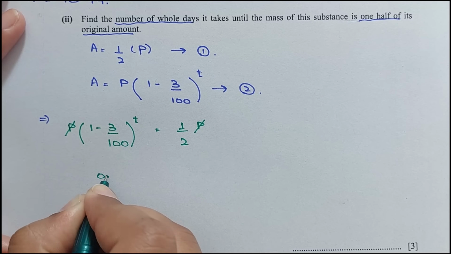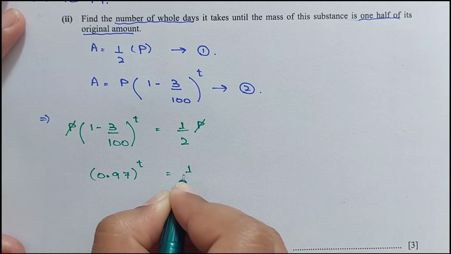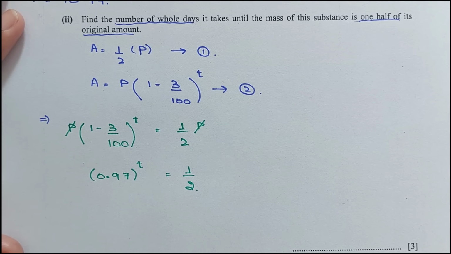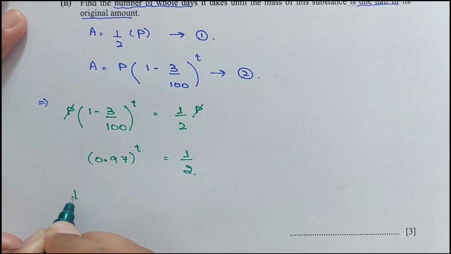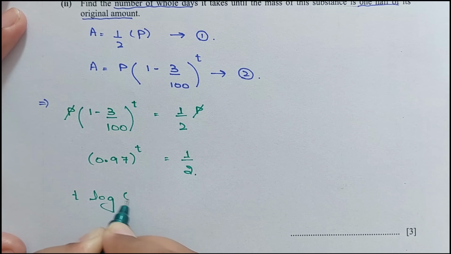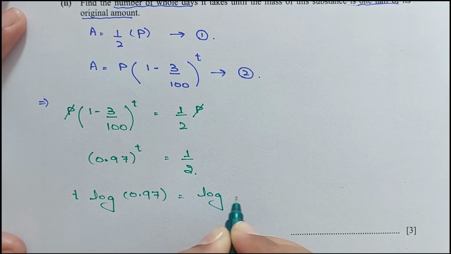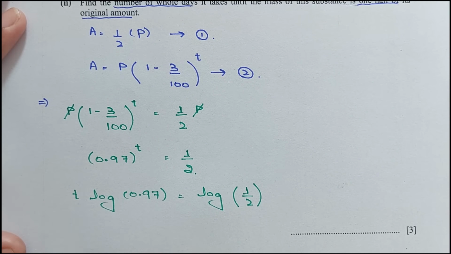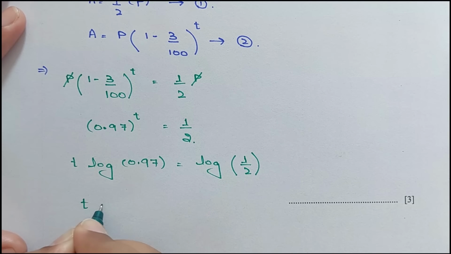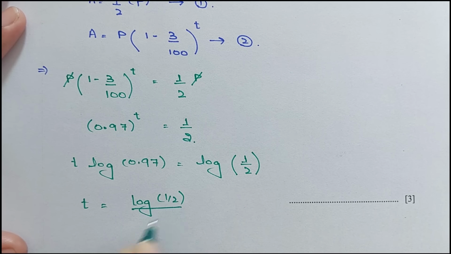So 0.97 to the power T is equal to 1/2. Now we have to solve for T, so taking log on both sides. So we can say T log 0.97 equals log of 1/2. When we apply log on both sides, the power comes before the log. So T is going to be log of half over log of 0.97.